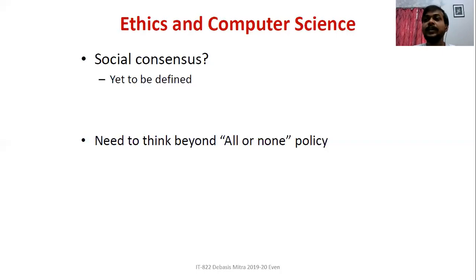I mean, it's debatable, but still we need to consider what will be the best solution. But we cannot just go for an all-or-none policy. We'll see these things later in detail also.